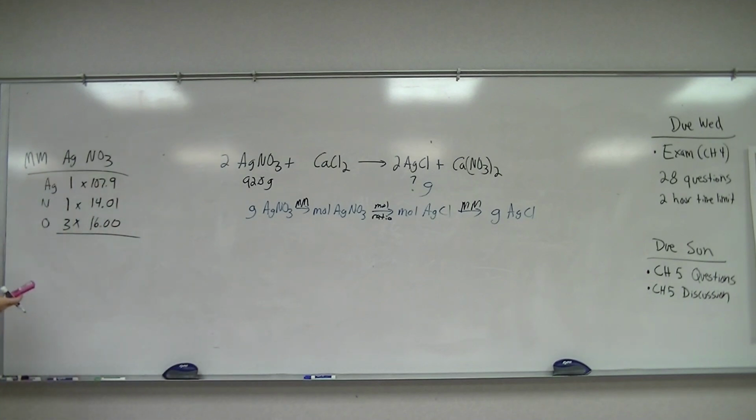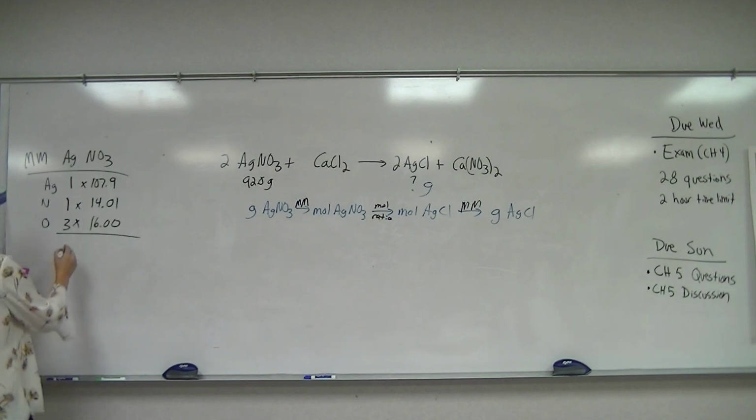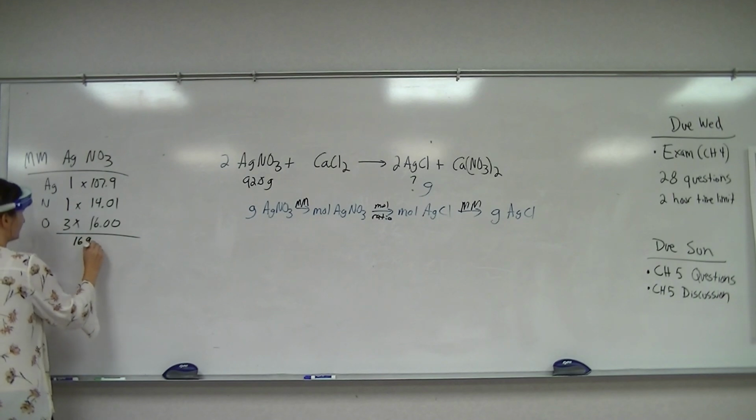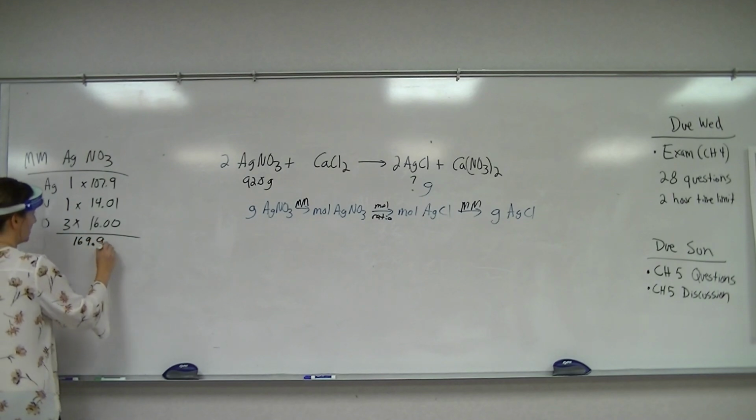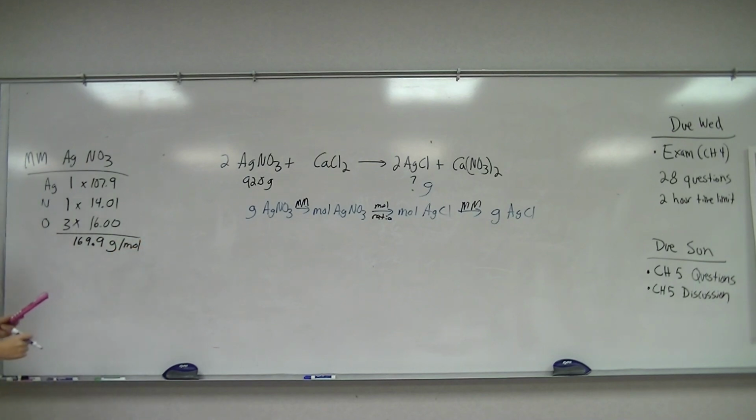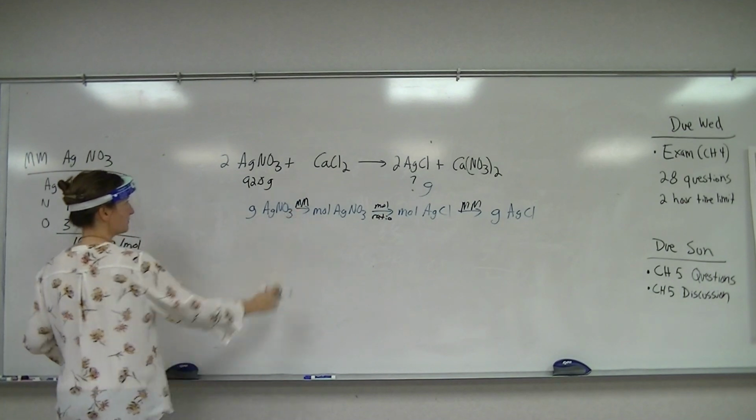Let me calculate that quickly. We get 107.9 plus 14.01 plus 3 times 16, and that's grams per mole. So that's the molar mass that I'm going to use in this step.